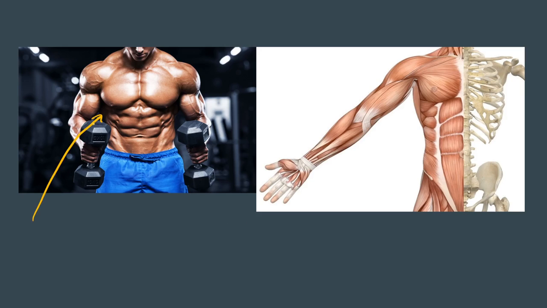First picture is just a picture of Mr. W in the gym. This is what you guys think of when you think of muscles. You think what's on the outside, the things you can see on the outside, those are your skeletal muscles. That's what you think of when you think of muscles. And that's what's in this diagram here.